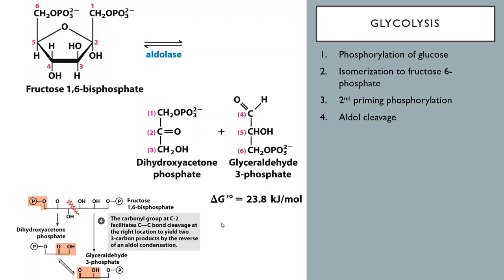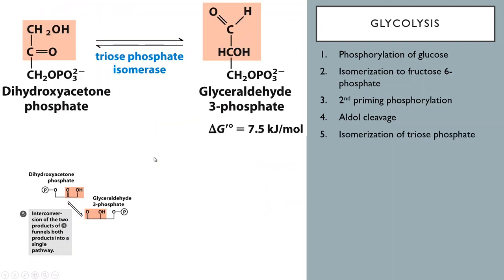But the idea is now we have 2 3-carbon molecules, and they can be converted into each other, and that's what happens next. An enzyme called triose phosphate isomerase takes dihydroxyacetone phosphate and converts it into glyceraldehyde 3-phosphate.